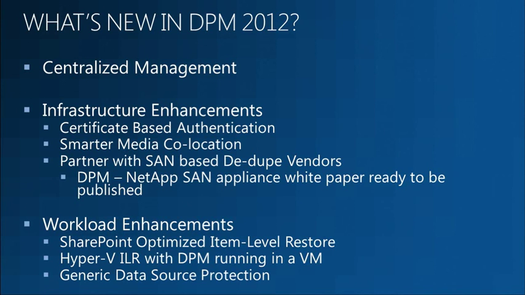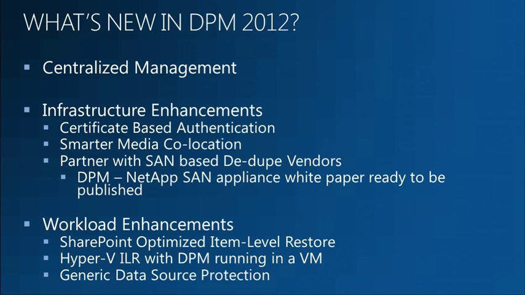And I was talking to a gentleman just before the session started, and he was saying, if I make a switch from a third-party solution, I'm looking at backing up 75 terabytes of data. And can I do that and manage it effectively with DPM? So with DPM 2012, we have centralized management, and we'll be spending a good amount of time today doing demos around centralized management.